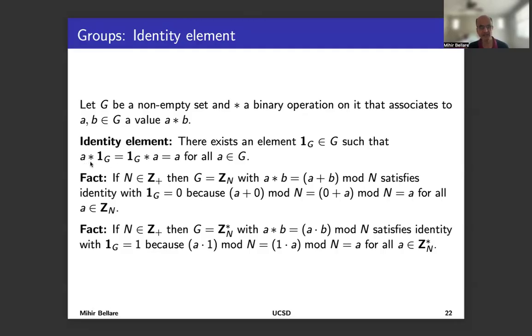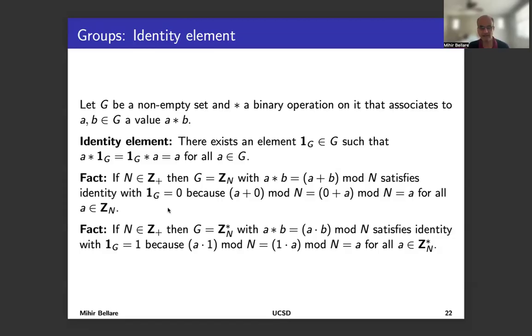In other words, a star with that, or in the other order, it doesn't matter, will just give you back a. That tells us why we denoted it like this. If you think of star as multiplication, then it's playing the role of a 1. Multiply anything by 1, you don't change it. But this is more general. It's saying in our abstract set with its abstract operation, there should be some point that has this property.